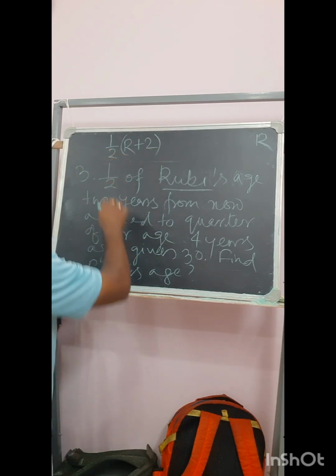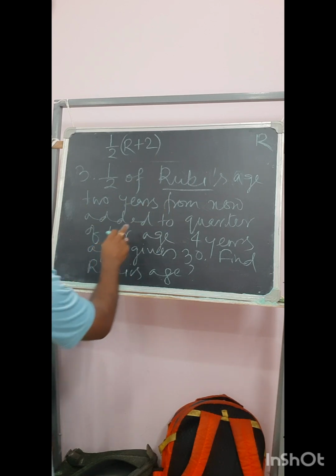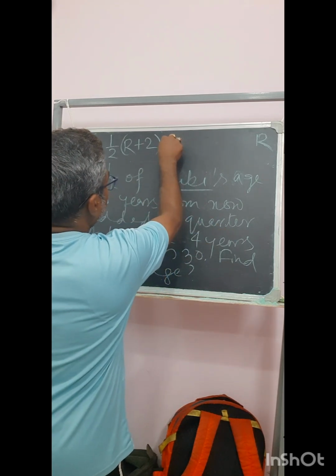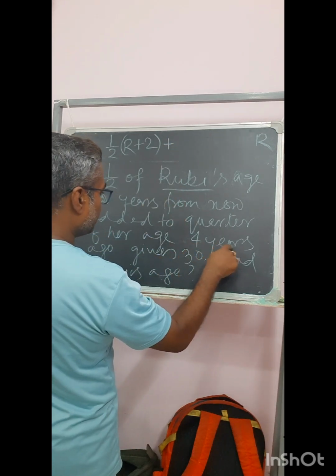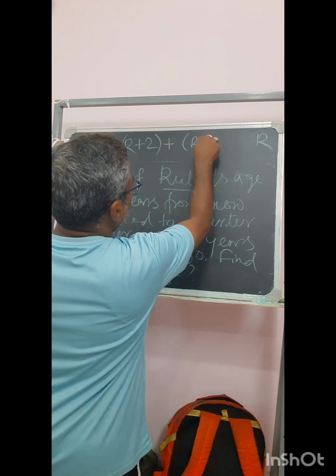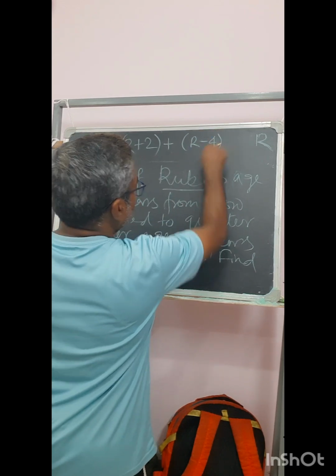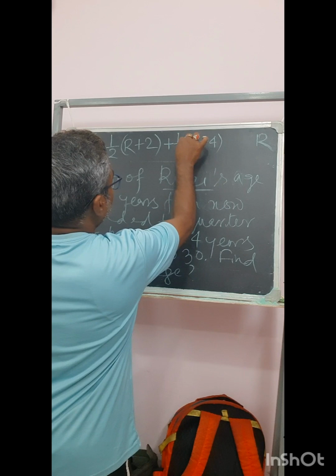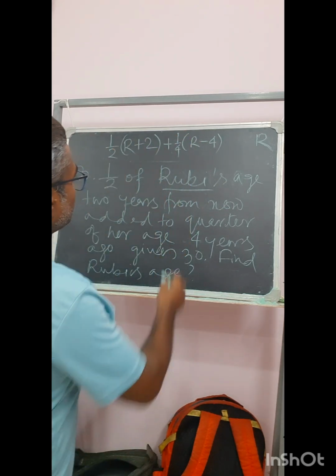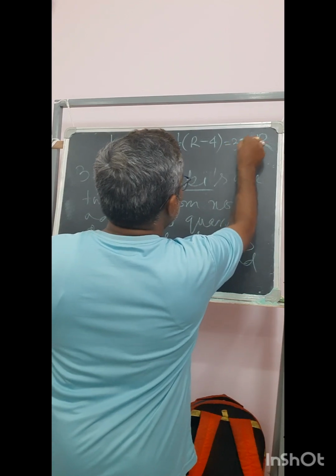Then I have to take the half of that, added to quarter of her age 4 years ago. So Ruby's age before 4 years will be R minus 4, and quarter of that has to be added to the earlier one, will give 30.